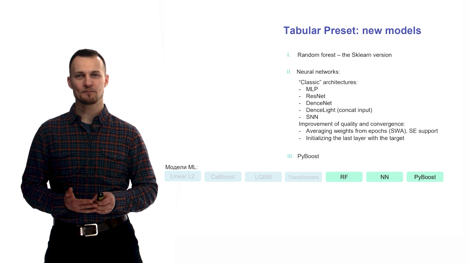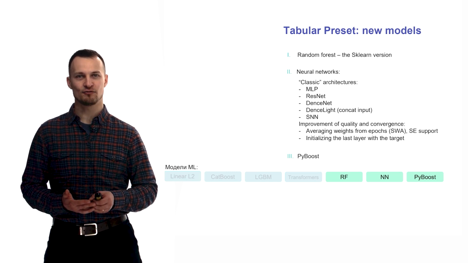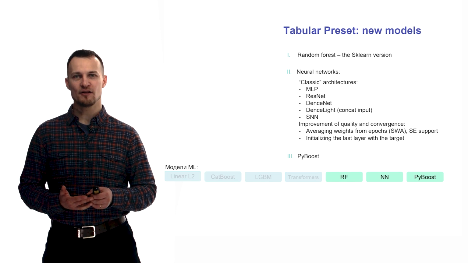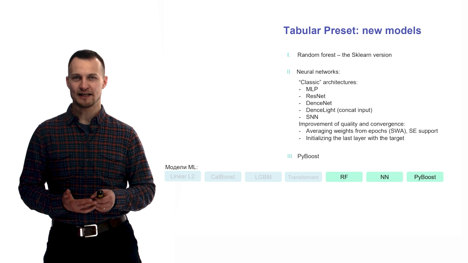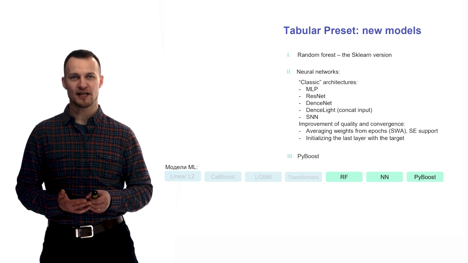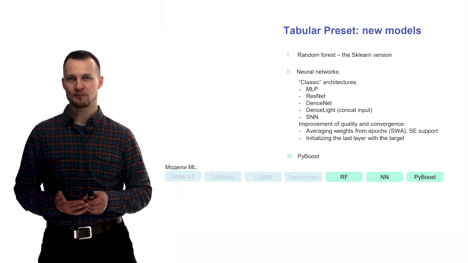Our next topic is the new machine learning algorithms recently added to LAMA. The following algorithms are now available in the Tabular Preset. Firstly, it's the sklearn implementation of random forest working with multidimensional output.